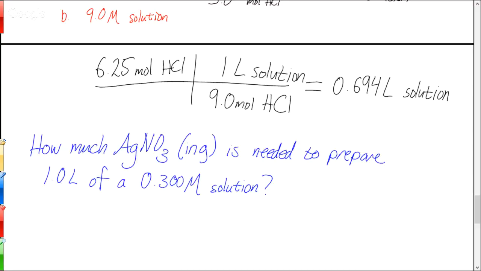It's just a molarity problem. But you're not calculating the molarity or the volume needed. You're calculating how much mass is needed to prepare.